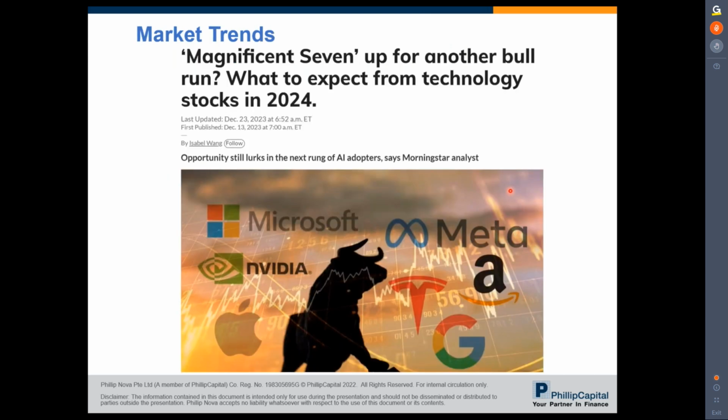So this is typically how we can use certain investment ideas and couple them together with the smart money chart to decide what to invest or when to invest. Like for example, on market trends, this piece of news talks about the Magnificent Seven, the US blue chip tech firms like Apple, Microsoft, Nvidia, Tesla, and so on, being up for another bull run.